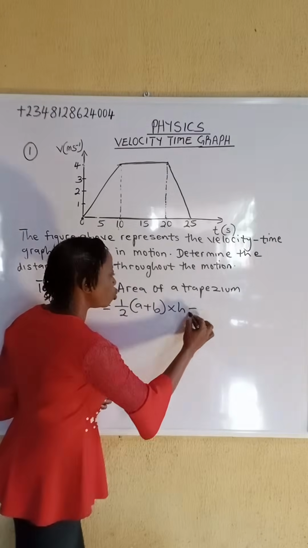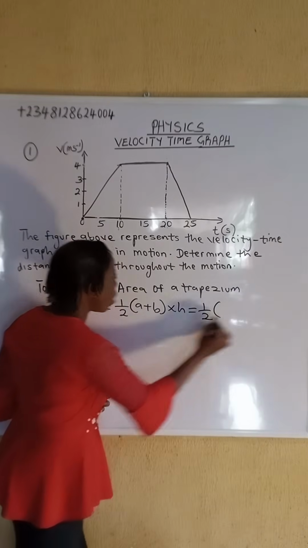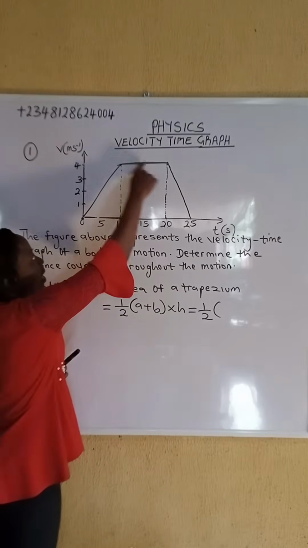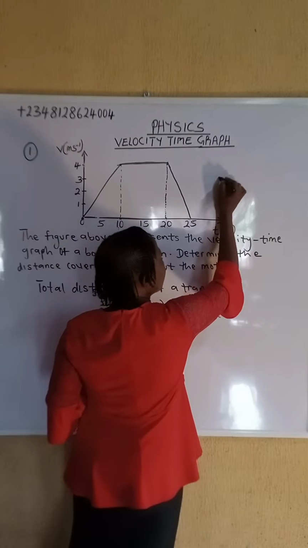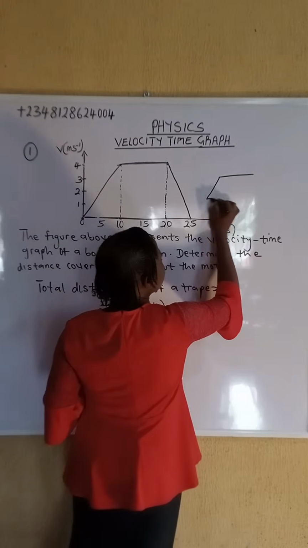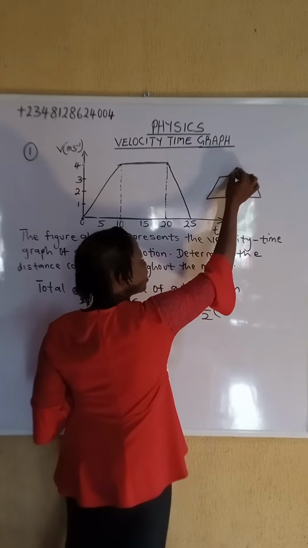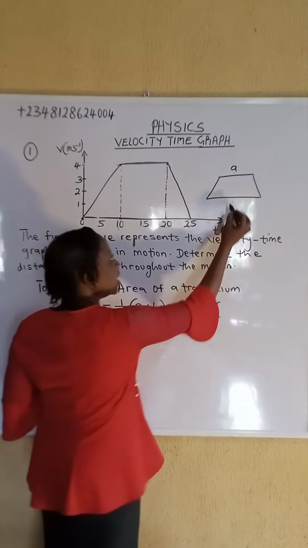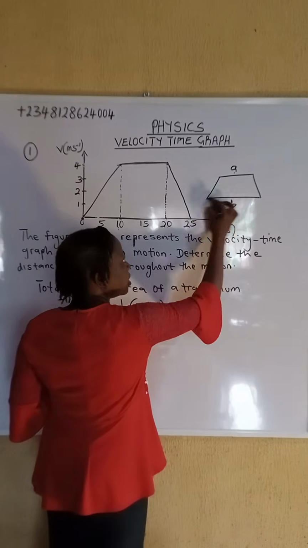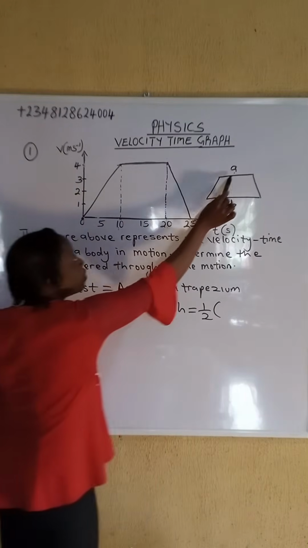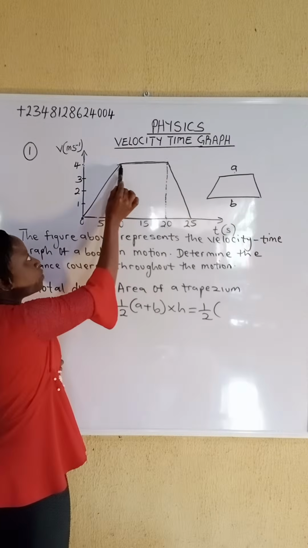Then which is equal to what? Half. Then what are a and b? A and b are the two parallel lines. Let's bring the shape out. These two parallel lines, this line is A, then the line B is the other line down. Then what is the length of A?